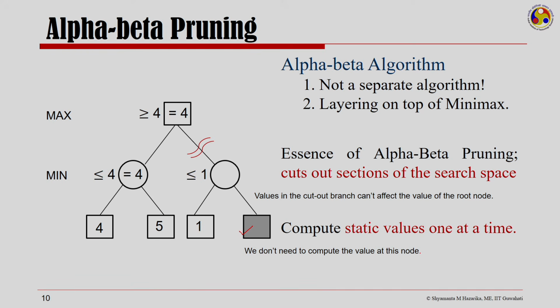It is actually a layering on top of minimax, an optimization procedure to reduce the search space and still get to the same value that we got in the minimax procedure.